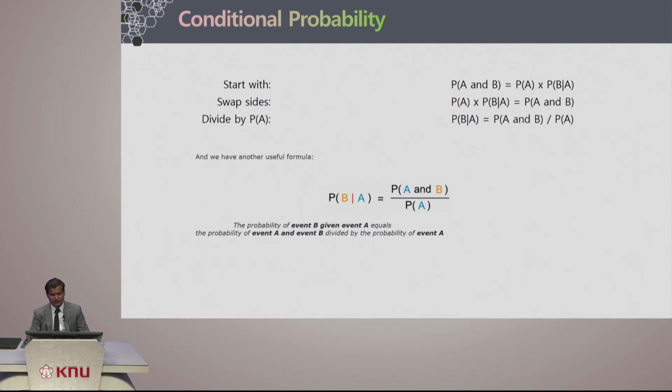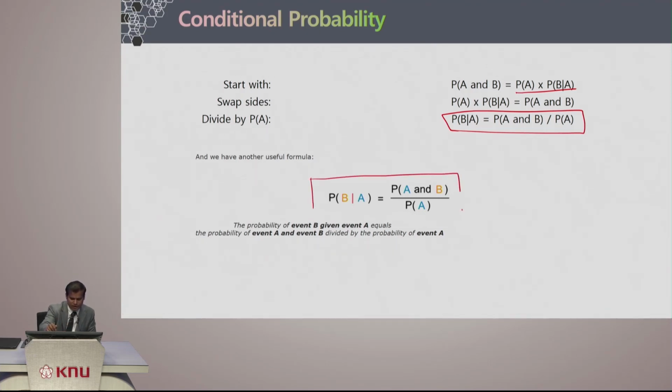Initially you start with probability of A times probability of B given A, and you can swap this around and divide by probability of A. In other words, we can use this quite useful formula: probability of B given A equals probability of A and B divided by probability of A. Or in other words, the probability of event B given event A is equal to the probability of event A and event B divided by the probability of event A.